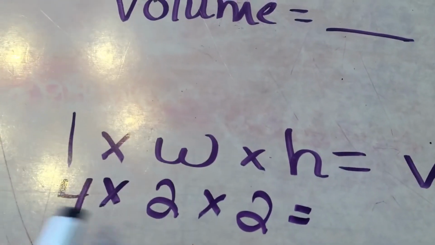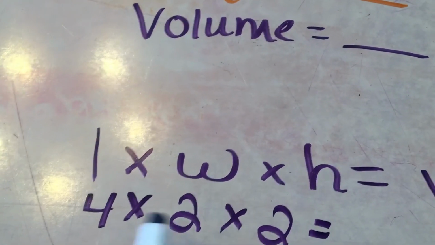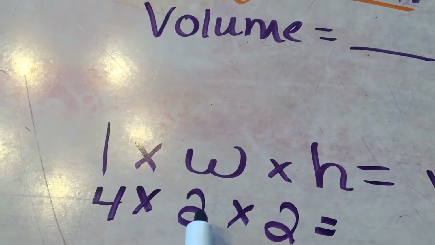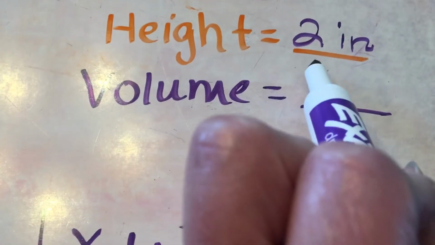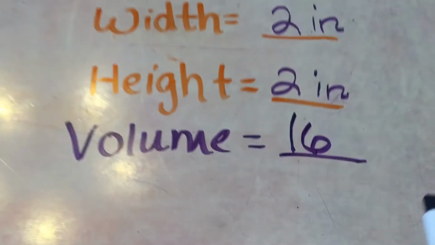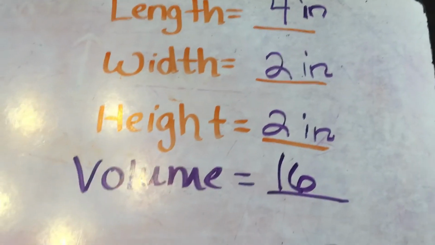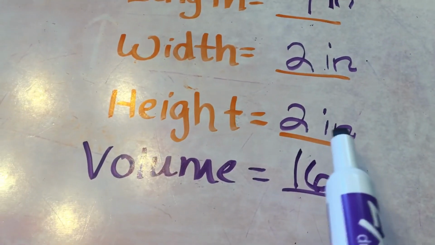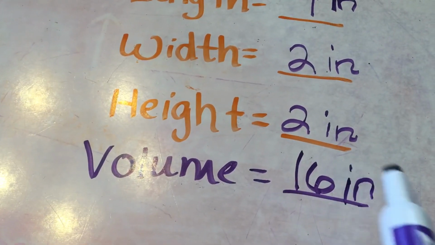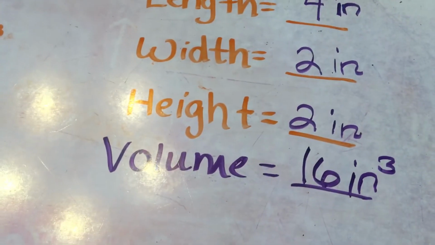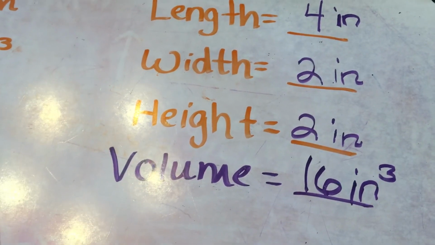If I put this all together, this is going to equal my volume. 4 times 2 is 8, and 8 times 2 is 16. So my volume here is 16. I'm not going to write cubic units because I know the unit. I know the unit is inches, so I'm going to say my answer is 16 inches cubed because I'm dealing with volume.